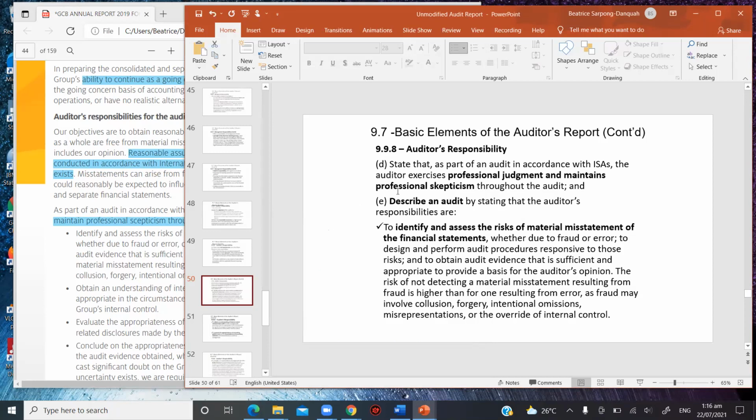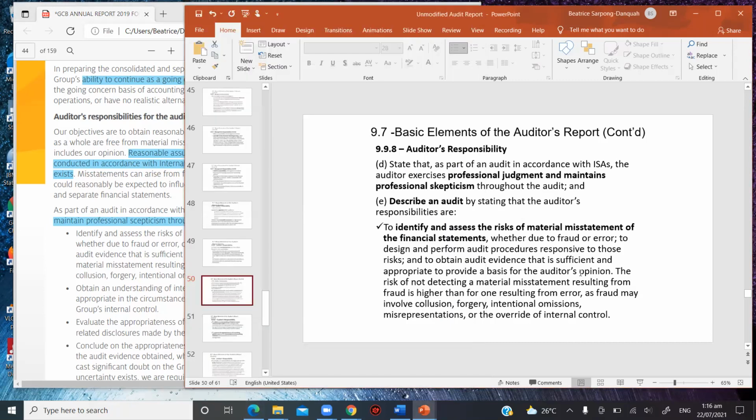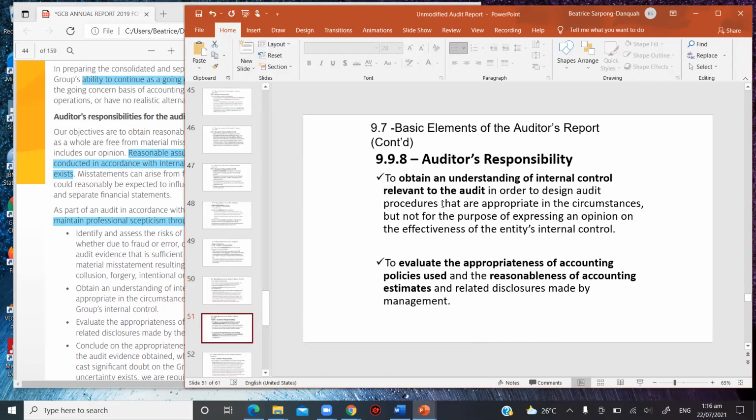So he's virtually educating his readers on what the responsibility of the auditor is and how the auditor conducts his audits. He also described an audit by stating that the auditor's responsibilities are to identify and assess risks of material misstatement. So we also identify and then assess risks of material misstatements. And he also indicates that they obtain an understanding of the internal control relevant to the audit.